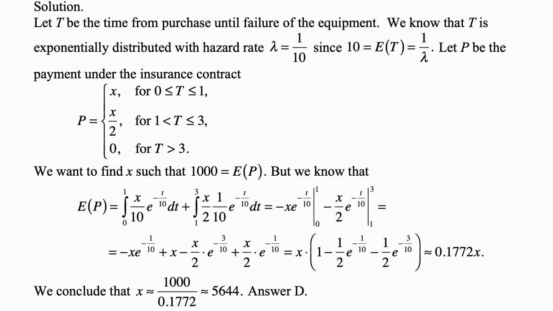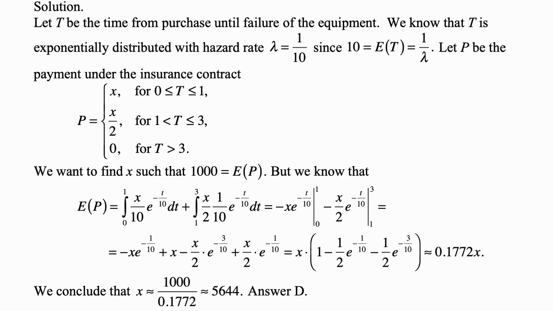We'll use that later. So in this case, it is 1/10 e to the minus t over 10. Let P be the payment under this insurance contract. So it's X for t between 0 and 1, and X over 2 for t between 1 and 3, and 0 for t more than 3. And what we want is to find X such that 1,000 is equal to the expected value of P.